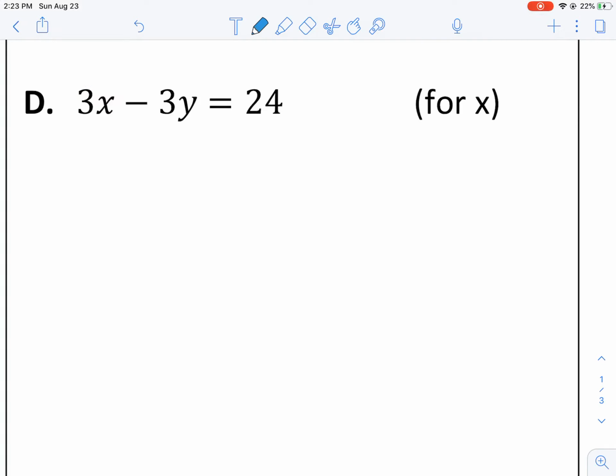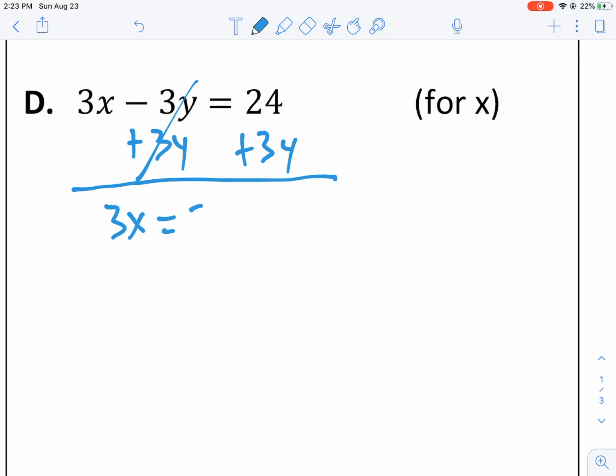Well, the first thing we're going to do is move this whole term over to the other side, so we're going to add 3y to both sides. So now we've got 3x equals 24 plus 3y. And now we want to get the x by itself, so we need to divide by 3.